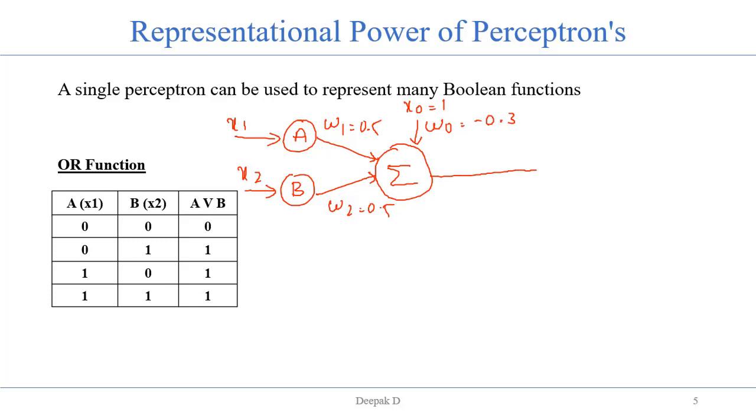This summation value is again given to the step function, which decides whether you will receive the output as a positive or negative value. This is my output. Similarly, the summation is i equals 0 to n of wi into xi. This is how I represent my perceptron for the OR function. Whether this representation is correct or not can be checked by substituting the values in the formula.